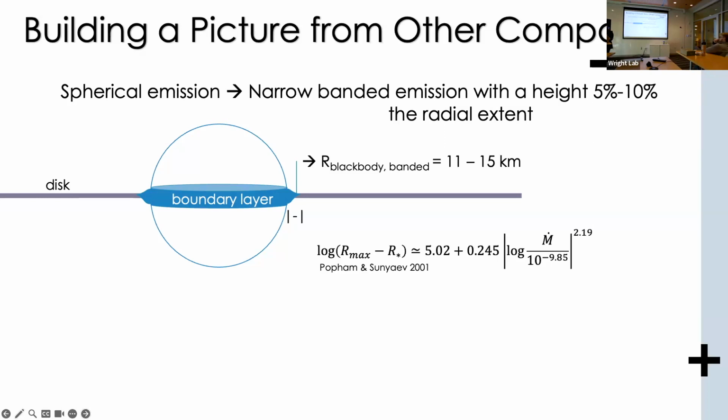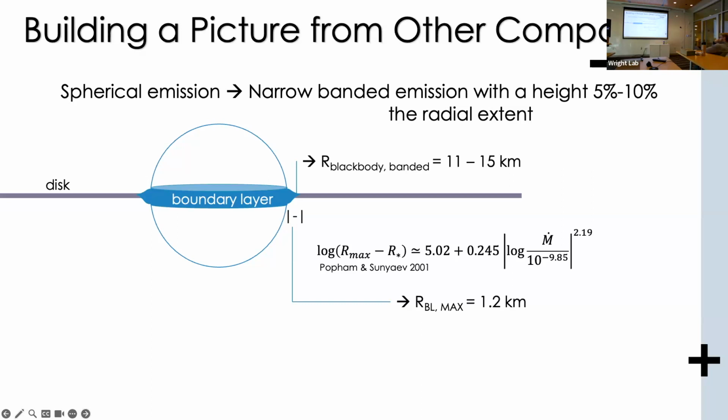But as I showed before about the property of the black body, we can also get some estimation of what the radial extent of this region is from the surface of the neutron star itself. That depends just on the mass accretion rate of the system. So plugging in the values for the time of our specific observation, we get a maximum radial extent of the boundary layer for this object from the surface of the neutron star.